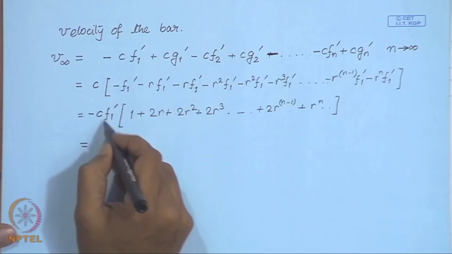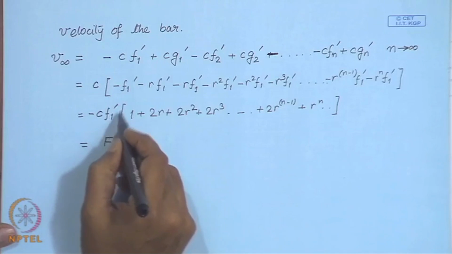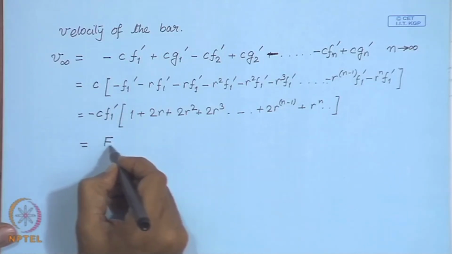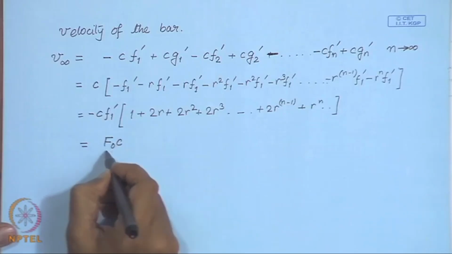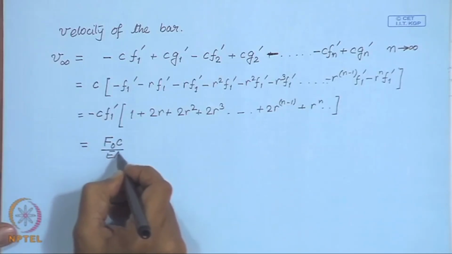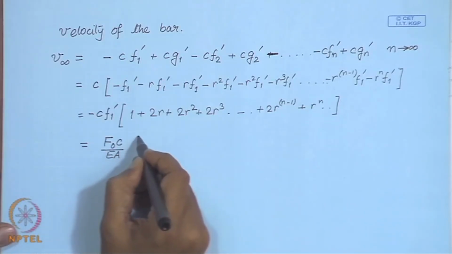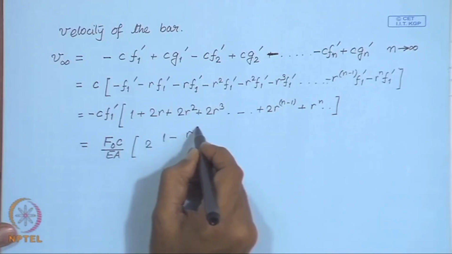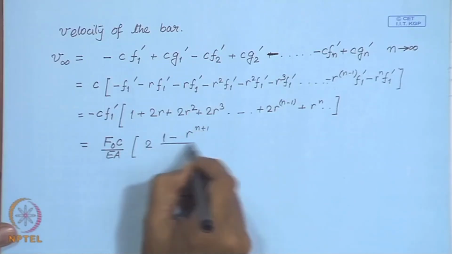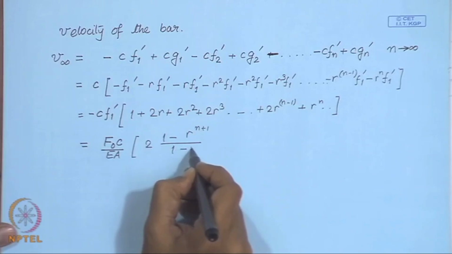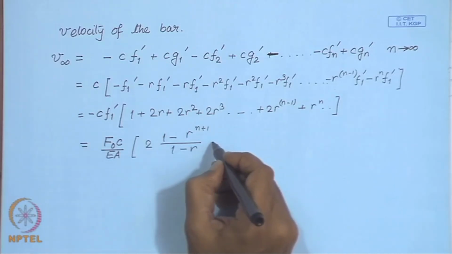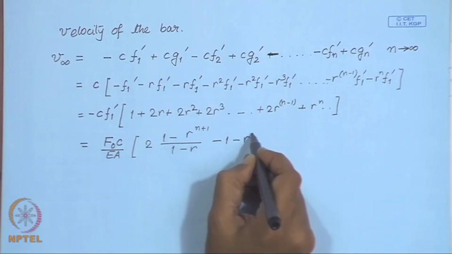We have this expression of f1 prime. So, using that we can write this as, this can be cast as a geometric series and summed up.